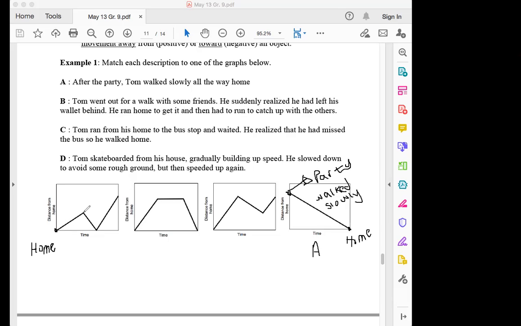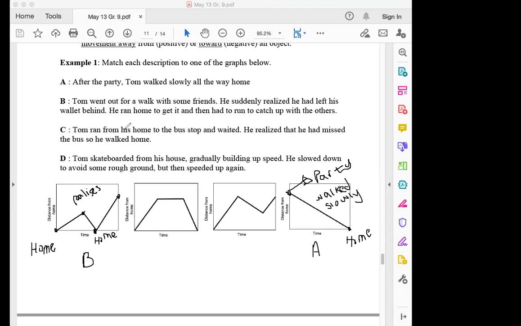He's walking at a steady pace, realizes his wallet is gone, runs all the way back home, and then he runs to catch up. So this would be B.